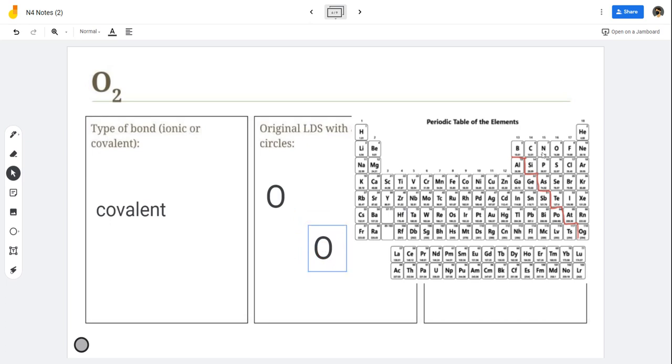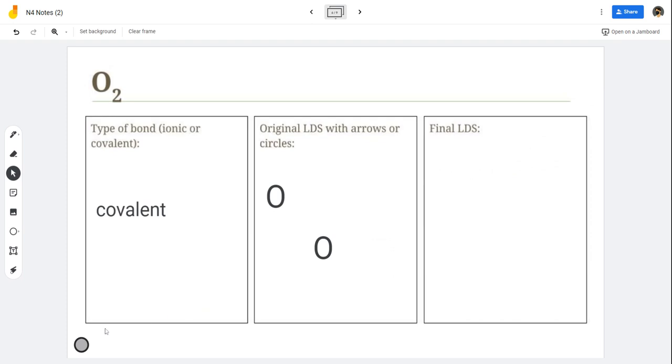You've got 2 oxygen atoms, and because it's in group 16, that means each one has 6 valence electrons. Move these over, use a little bit more space.